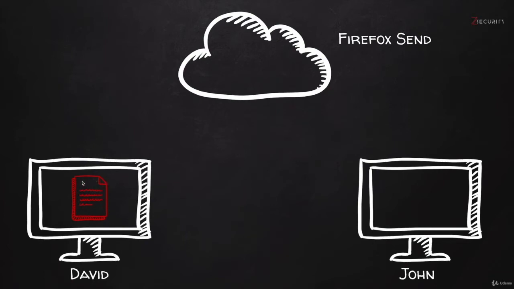It will encrypt the file that you want to share first, and only then your file is uploaded to their server, and then you share a special link that contains a decryption key with John. John will use this link to download the file, and because the link contains the decryption key, John will be able to decrypt the file and read its content.